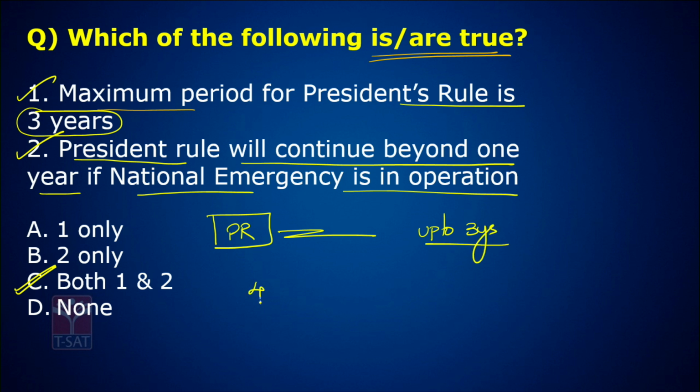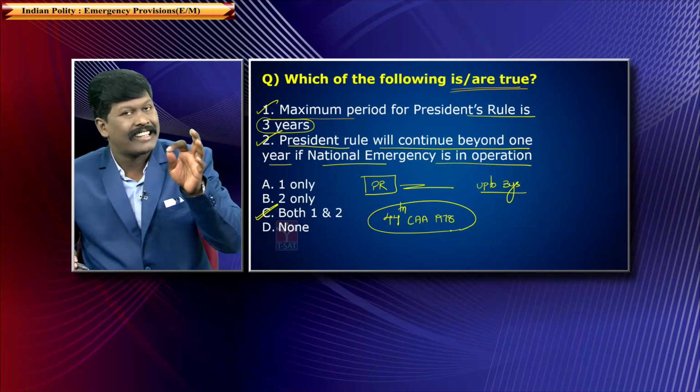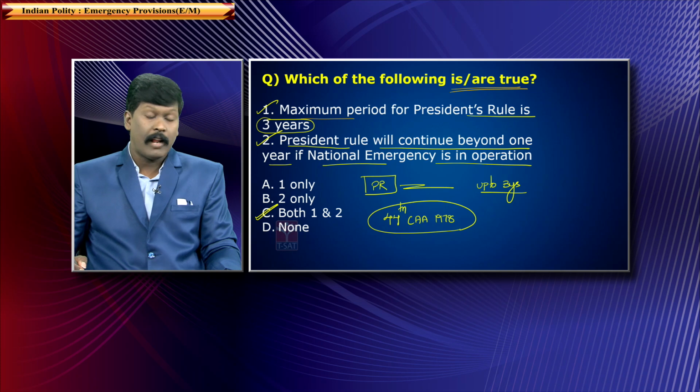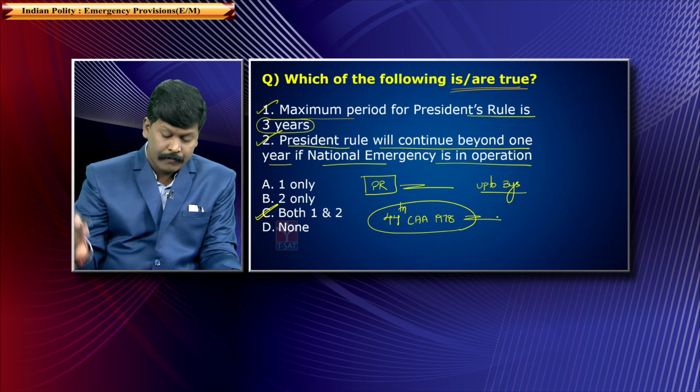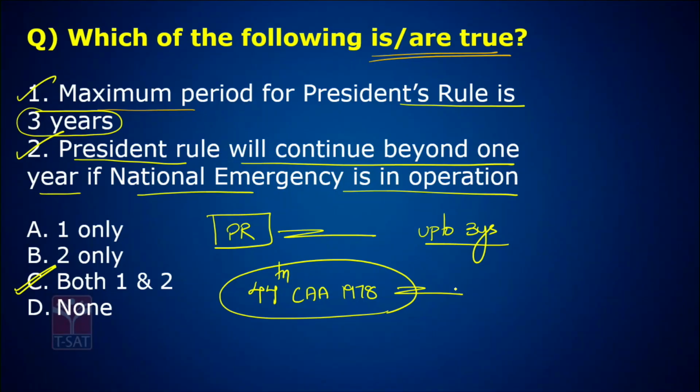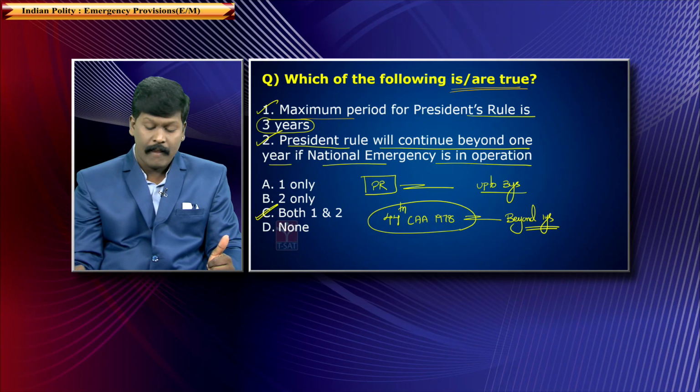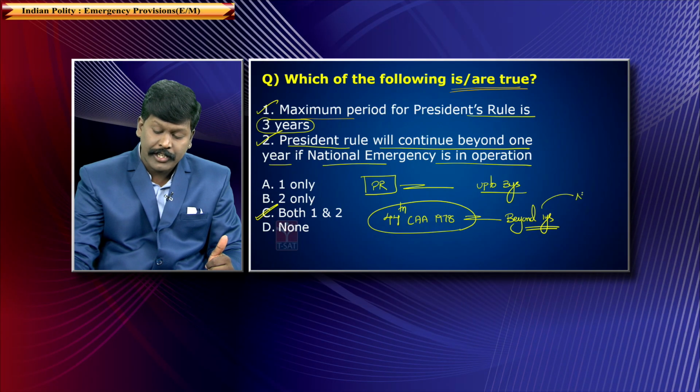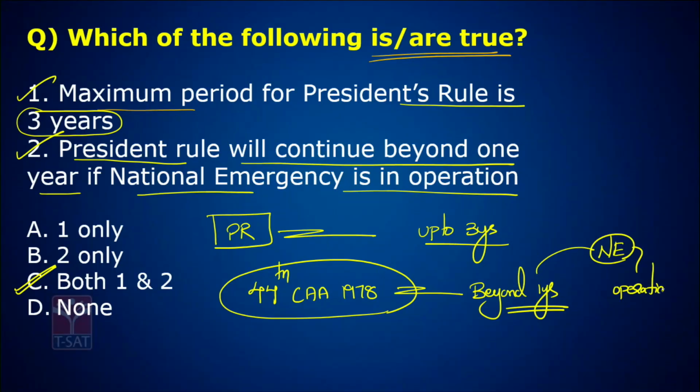But the 44th Constitutional Amendment Act 1978 has introduced a provision: for state emergency or president rule to continue beyond 1 year, there shall be a national emergency in operation in the country.